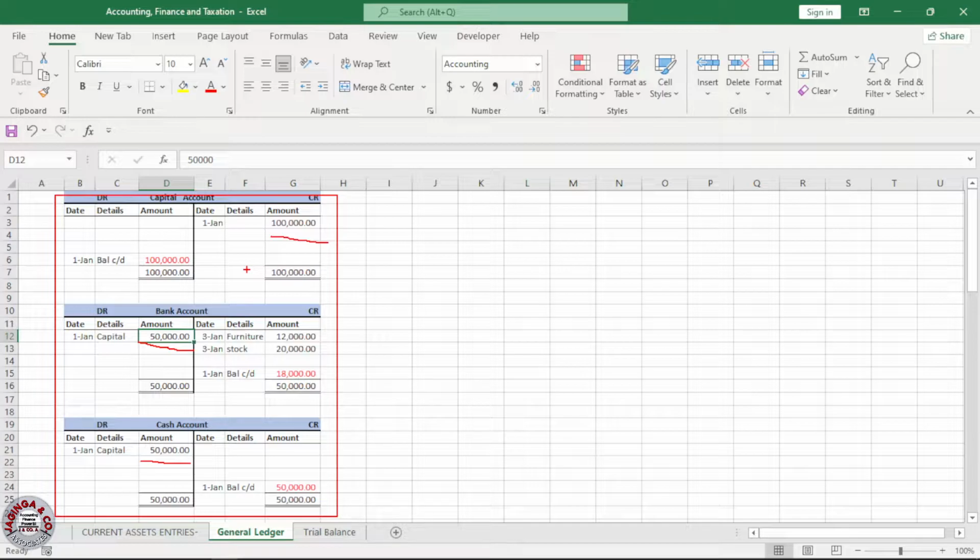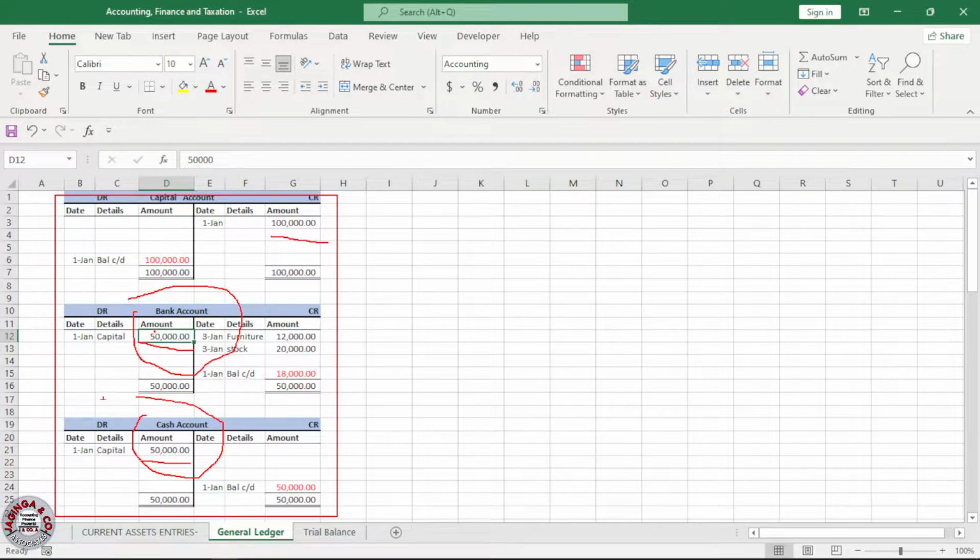So the accounting equation that says that assets is equal to liabilities plus capital is being satisfied, in the sense that we have assets here, bank and cash, and when you add these two assets we have 100,000. But here we're just starting a business. You've not done any purchase, so there is no liability.